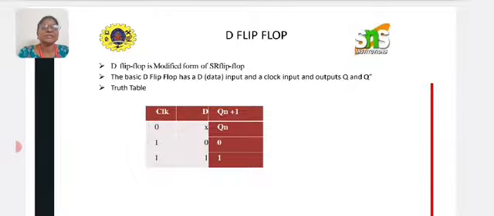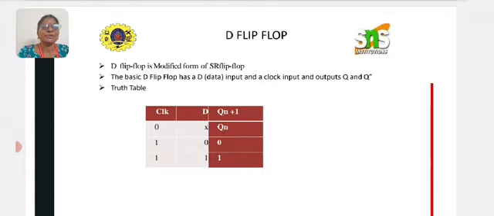So this is the truth table of D flip-flop. When clock input is 0, your D input may be 0 or 1, and your output will be Qn, that is the present state. There is no change in the next state.